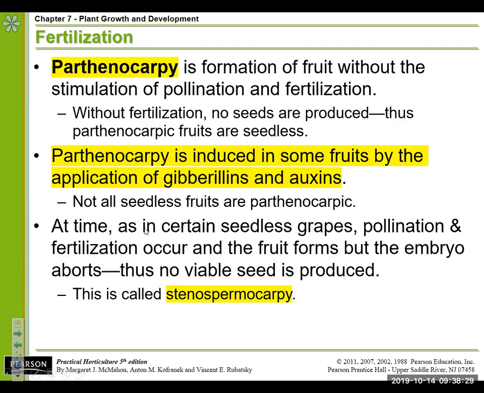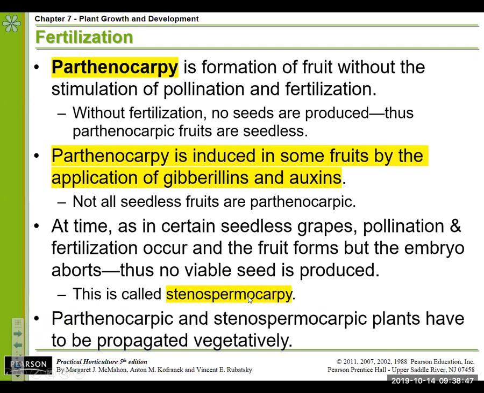For instance, some seedless grapes, they're still having fertilization, but the embryo is aborting itself, so there's no viable seed being produced. In that case, it's stenospermocarpy, where it's fertilized but not actually developing into seeds. And in this case, we have to reproduce those plants through vegetative asexual propagation.